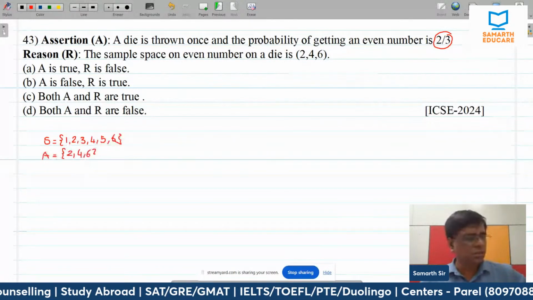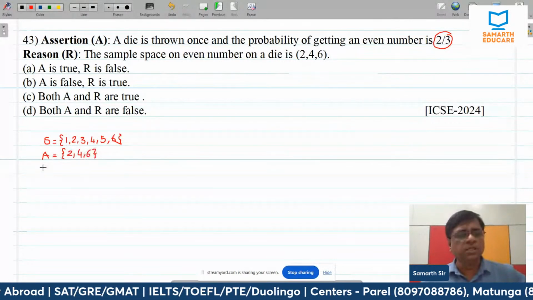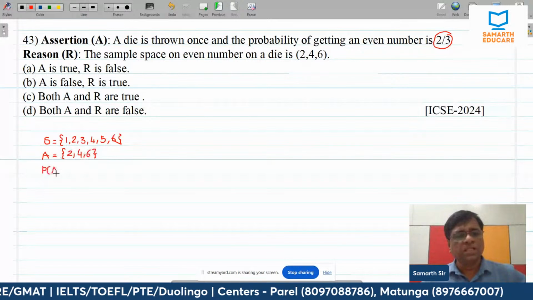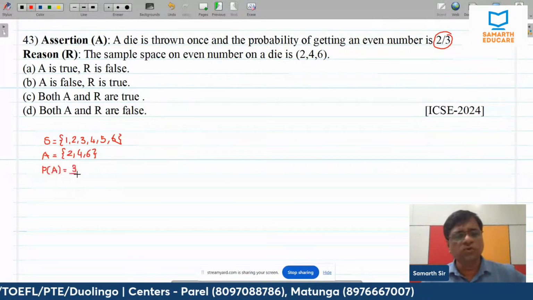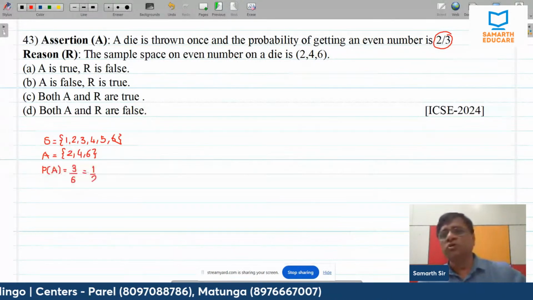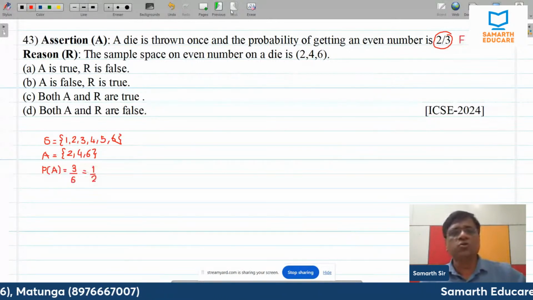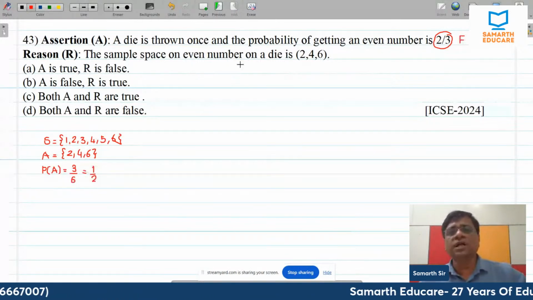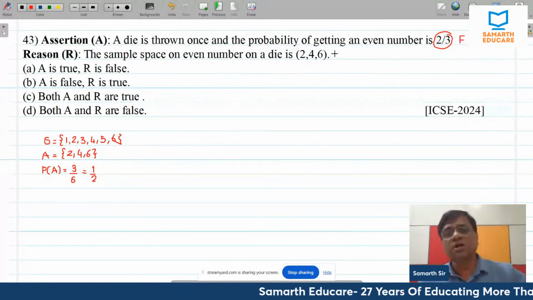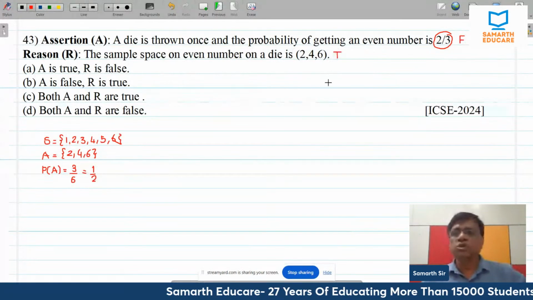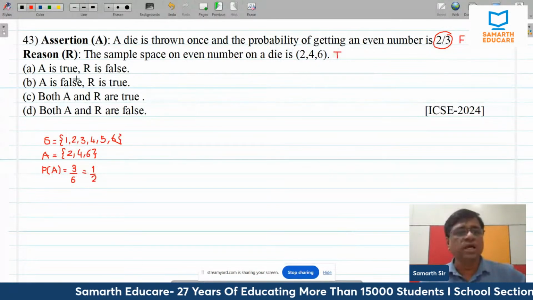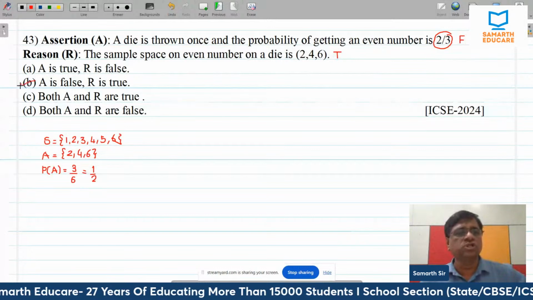Okay, so the probability is 3 upon 6, which is 1 upon 2, and so this assertion is false. The sample space of even numbers on the die is true. So here assertion is false and reasoning is true. So this is your answer.